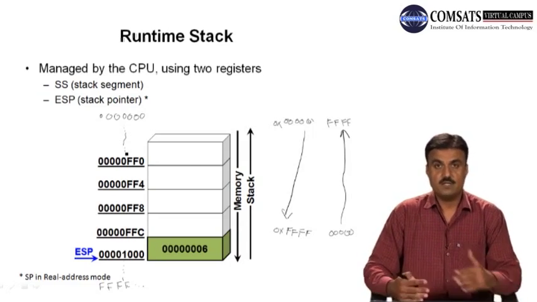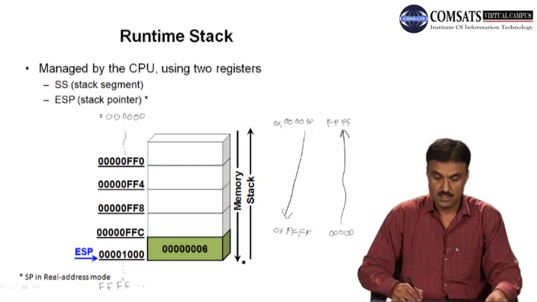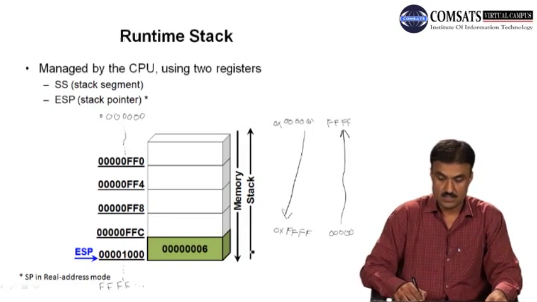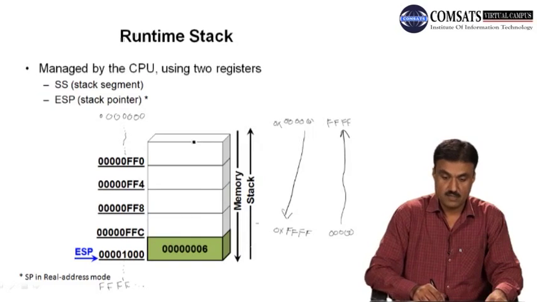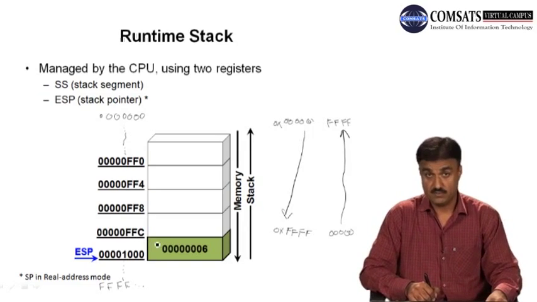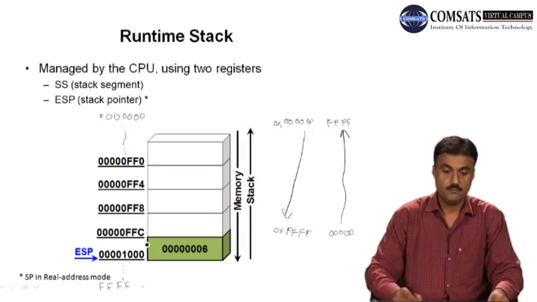To show the convention that the stack grows upward, we have used this notation where memory grows in the downward direction, and the stack grows in the upward direction like this. If we add elements, they will be added like this, and we will decrement the addresses. For example, if the address is 1000 and we decrement, then how many bytes we decrement to add another element, we will discuss at a later point.